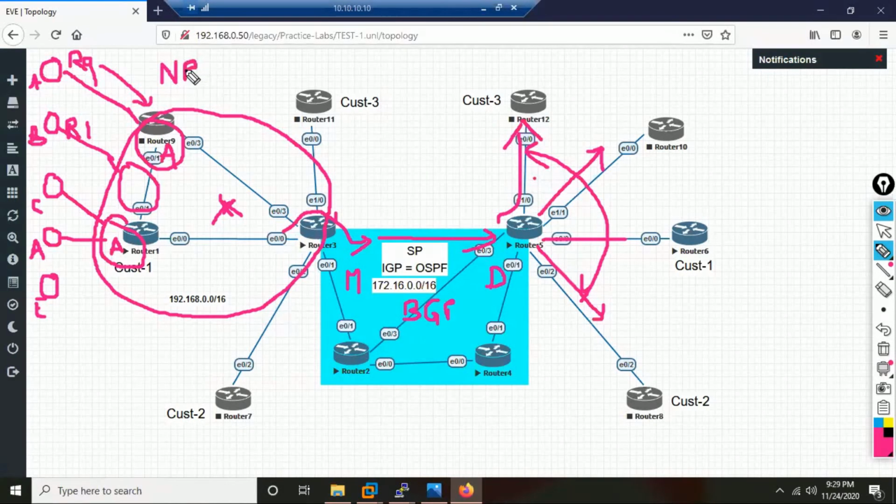If you remember in MPLS, I said customer traffic always forwards normal packets, IP packets. In the same way, what are normal routes? Normal routes are nothing but IPv4 routes. And if you redistribute these IPv4 routes into BGP, BGP will carry them as what? IPv4 routes. And if these IPv4 routes land on R5, R5 will get confused. So you receive normal routes, but if you transport them from one end to the other end as normal routes, what will happen?